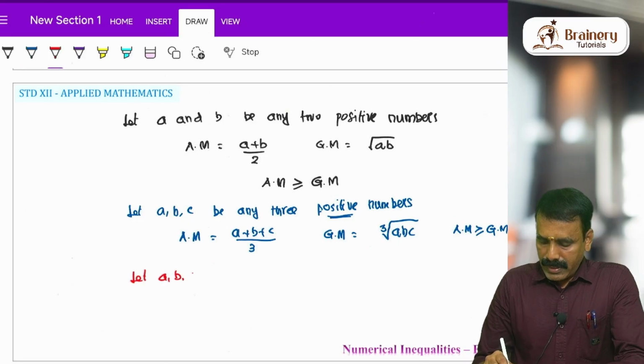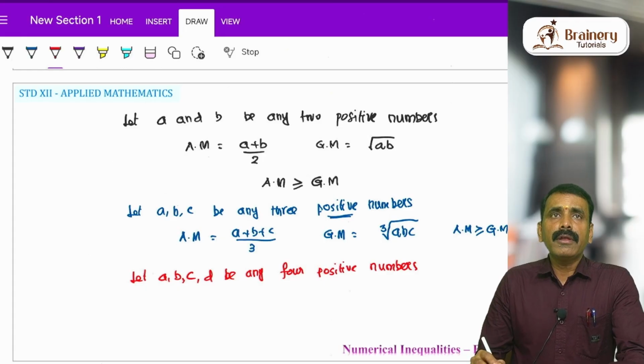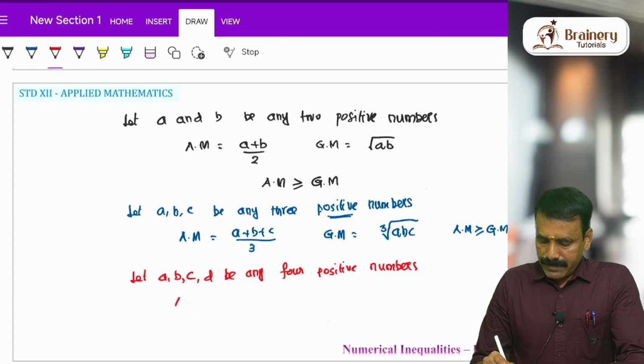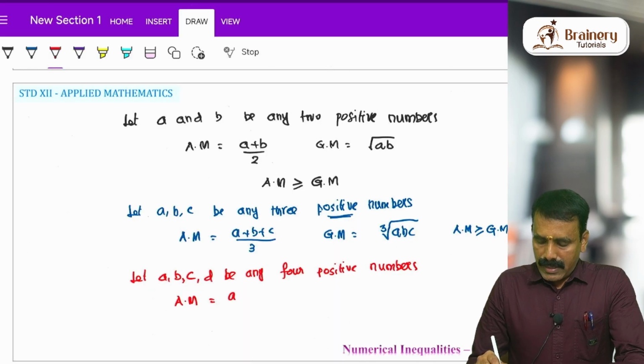What happens when it is four numbers? Let A, B, C, D be any four positive numbers. Then the arithmetic mean of four positive numbers is (A plus B plus C plus D) by 4.